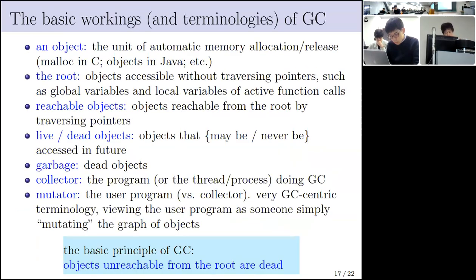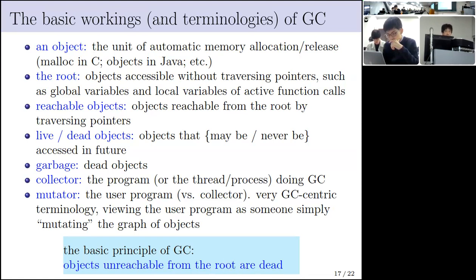And I introduced several terminologies on what is an object and what is a root, reachable objects, live or dead objects, garbage collector, mutator. But in the shortest terms, the basic principle of garbage collection is that objects unreachable from the root are dead.